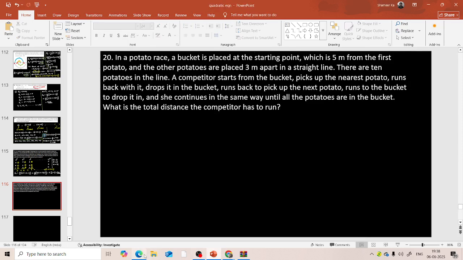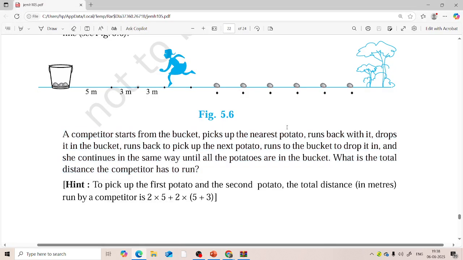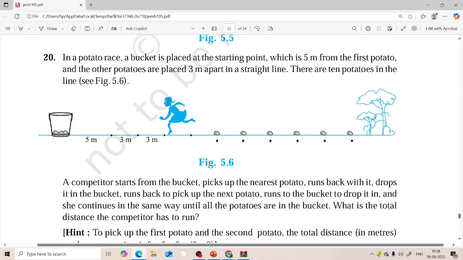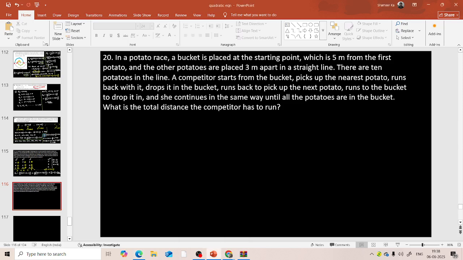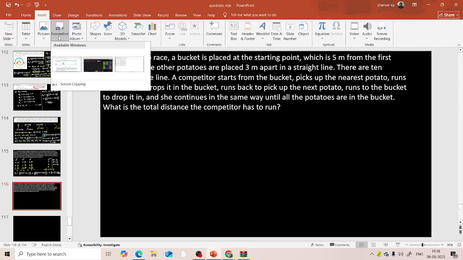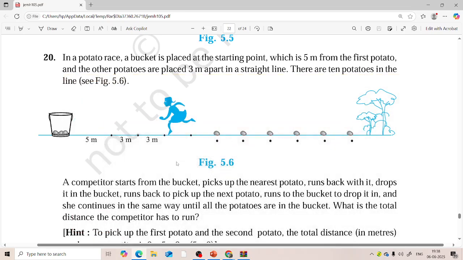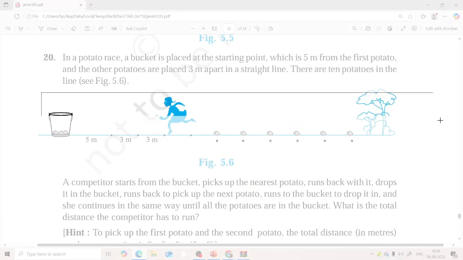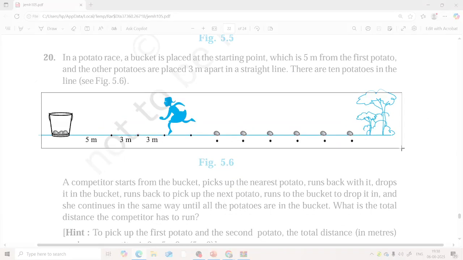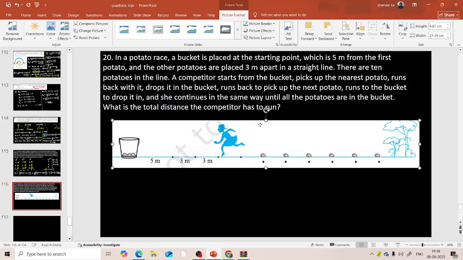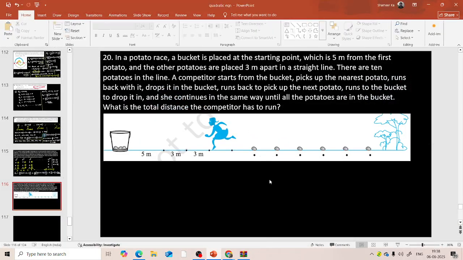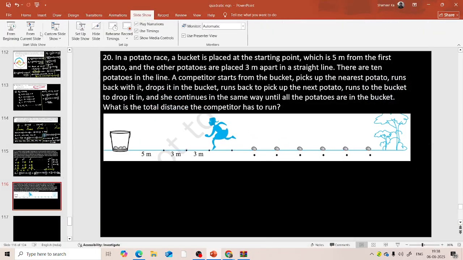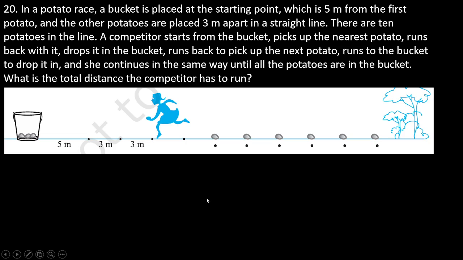Let me take the diagram also. Taken from the textbook, it's an application type problem. All of you please read this question well, look at the diagram and try to understand.